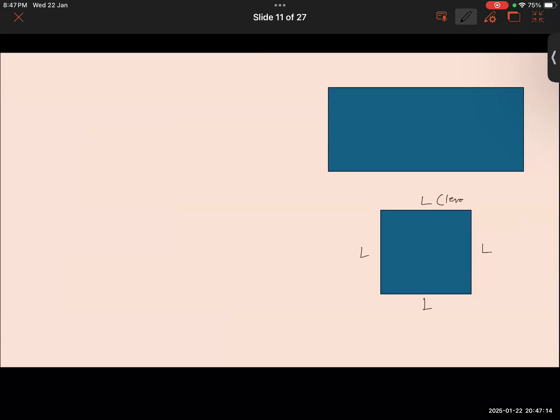Now, for example, if I have to find the perimeter of the given square, what do I need to do? All I need to do in order to find the perimeter of a square is simply add the length of all the sides. Yes, sum of all 4 sides.